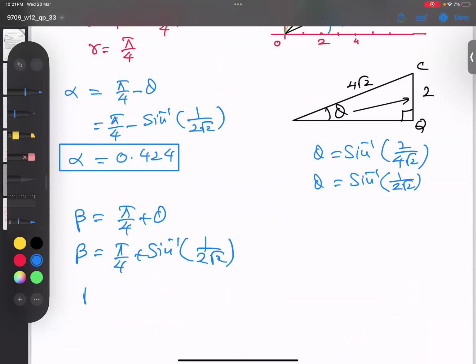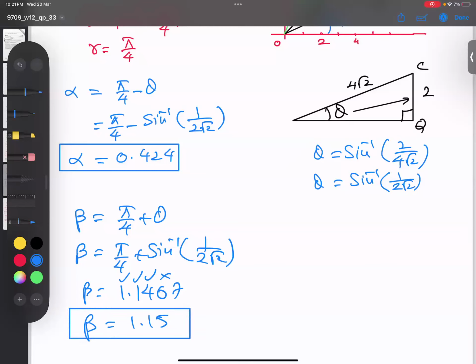It's just a matter of putting it in the calculator with a plus. The answer is 1.1467, which I don't want, so beta becomes 1.15. I believe the point is very clear, and let's go for the next part.